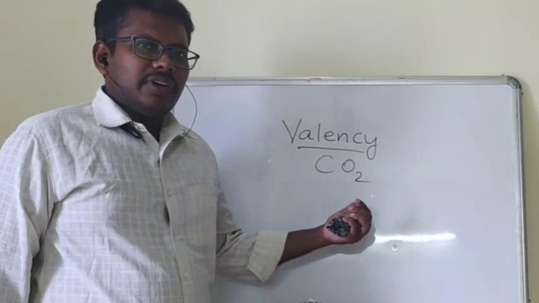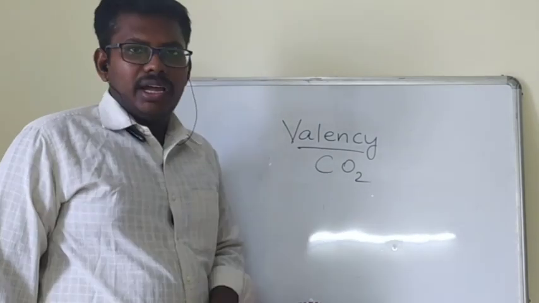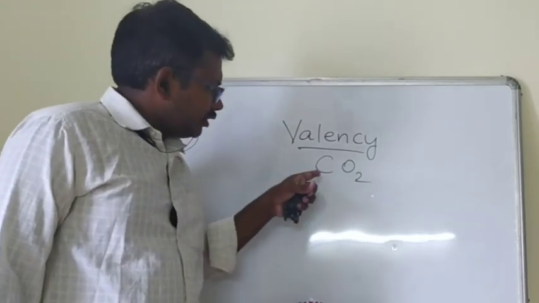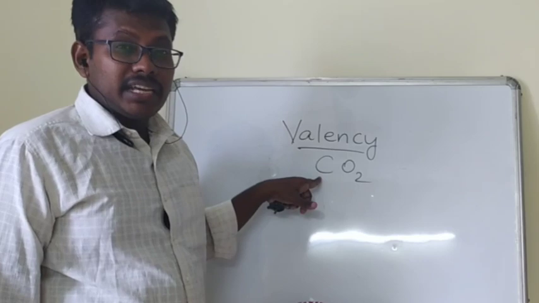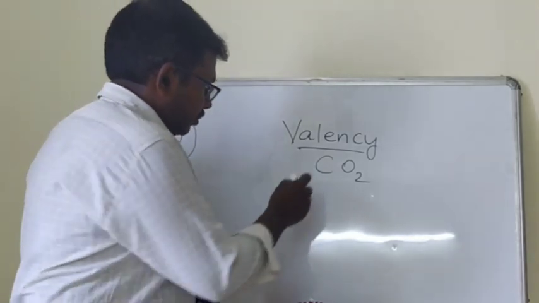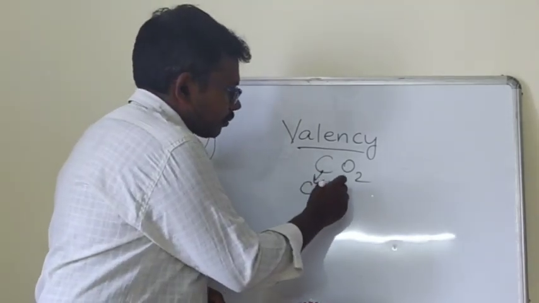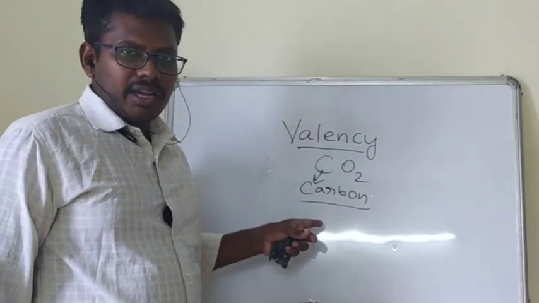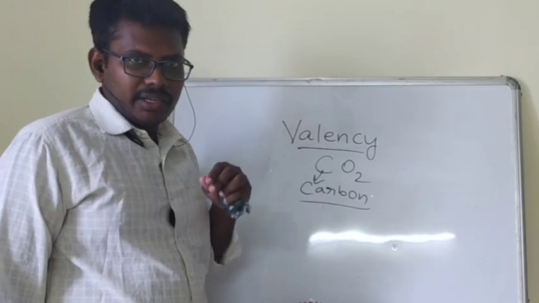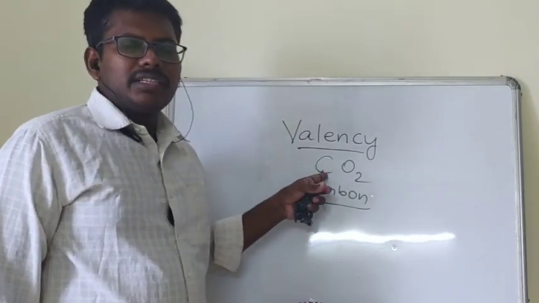If oxygen is there in the formula, the valency of this element C is, capital C means what? Carbon. In the formula CO2, now I want to find the valency of carbon.